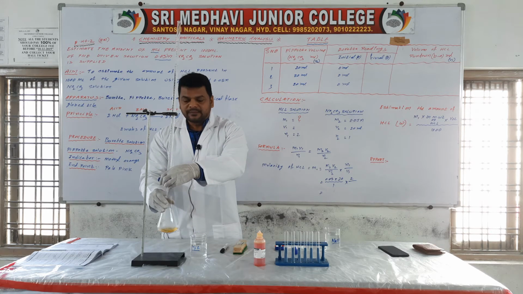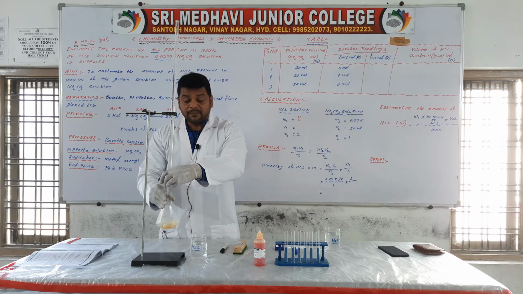The volume of HCl runs down into the conical flask. This is the way you have to do the experiment.